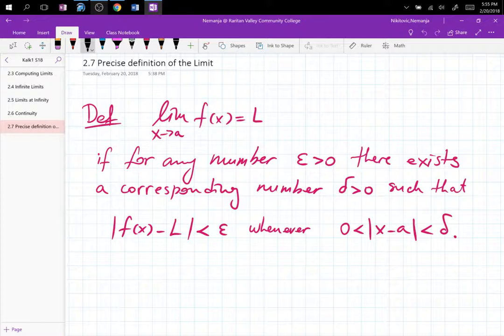Now, let's focus on this definition. The definition says, for any number epsilon greater than 0, but very, very small, there exists a corresponding number delta larger than 0, also very small, so that these two inequalities are satisfied.